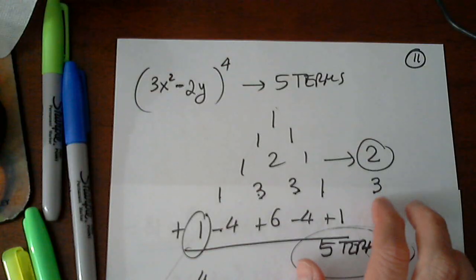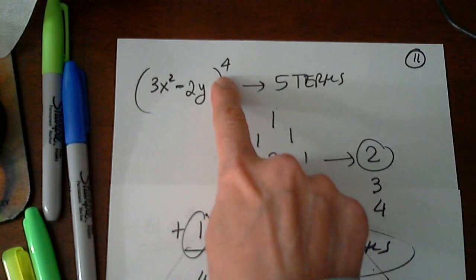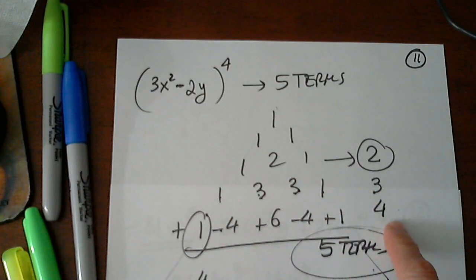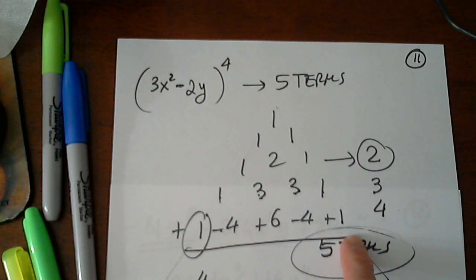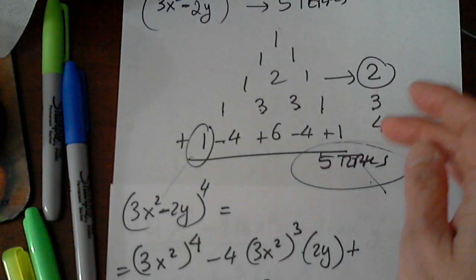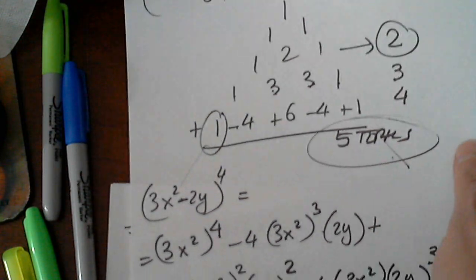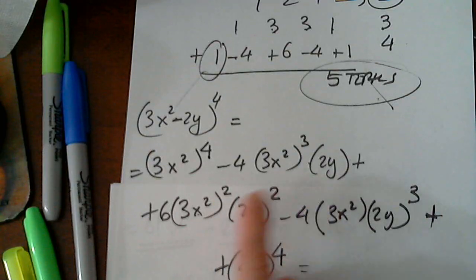If we have a binomial raised to the 3rd power, we have 4 terms. To the 4th power, we have 5 terms, and so on and so forth. Now, Pascal's triangle is useful till the power 5, 6. Beyond that, it's not useful. You should determine these coefficients using n choose k.